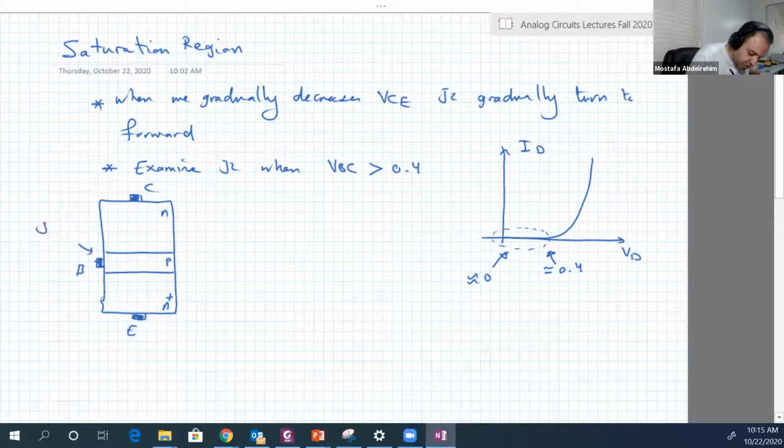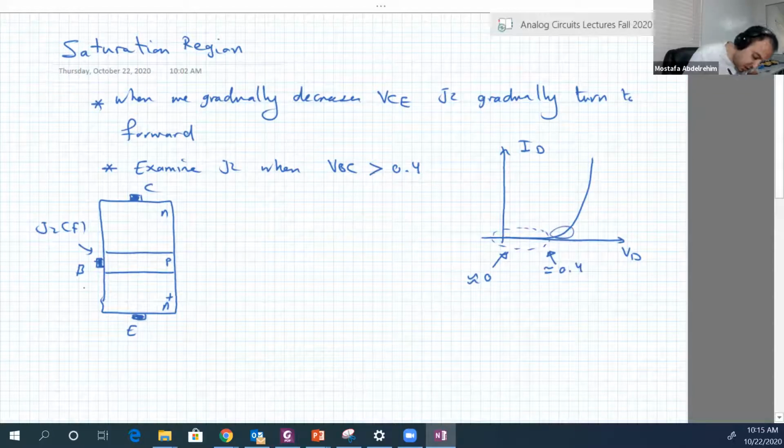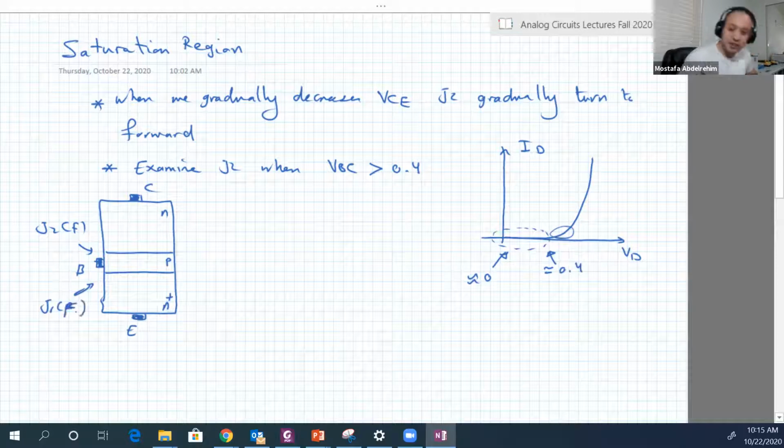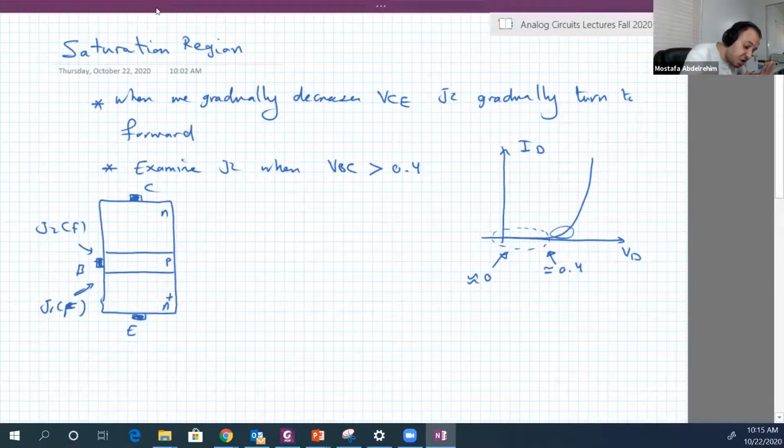So now J2 is forward and conducting. I mean, the voltage is larger than 0.4, so there is a current. And J1 is forward again. J1 is the same, has something between 0.7 and 0.8. So the original situation is as follows.